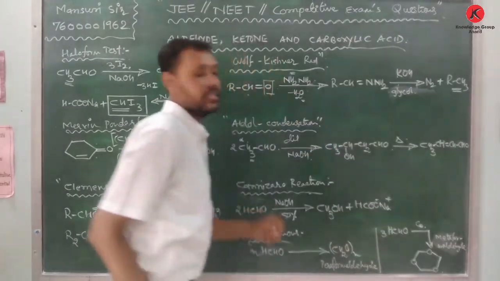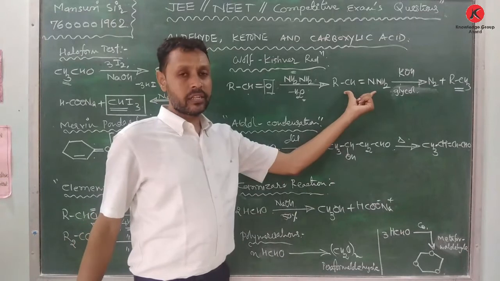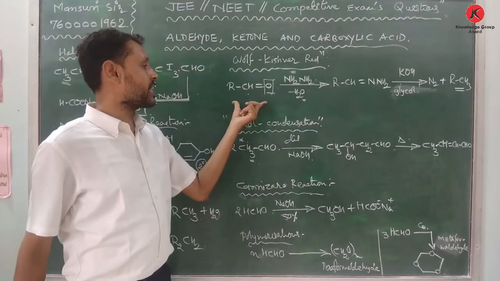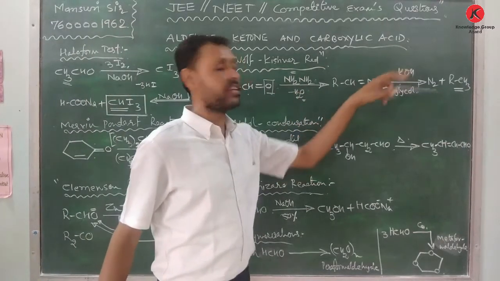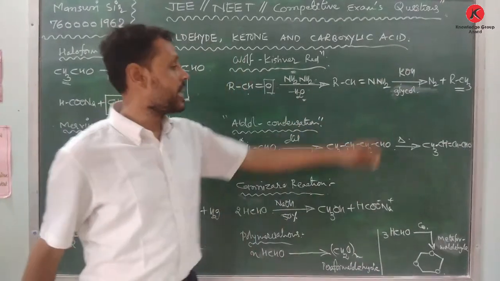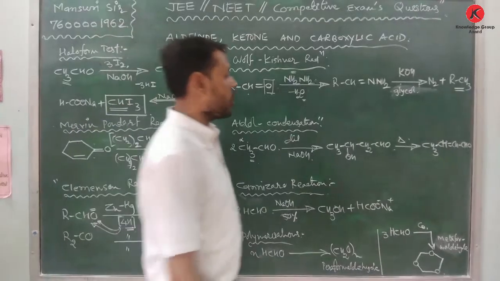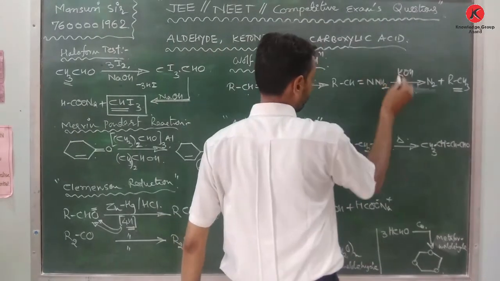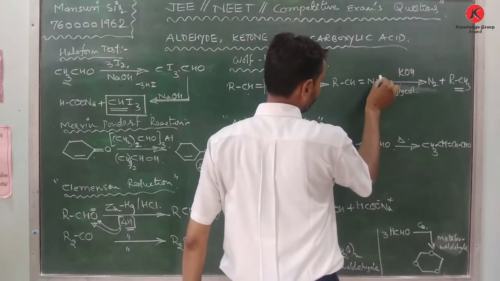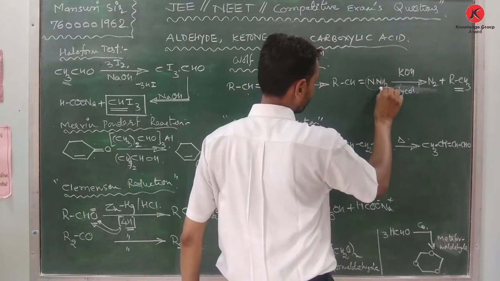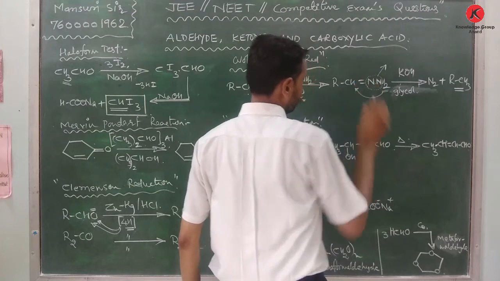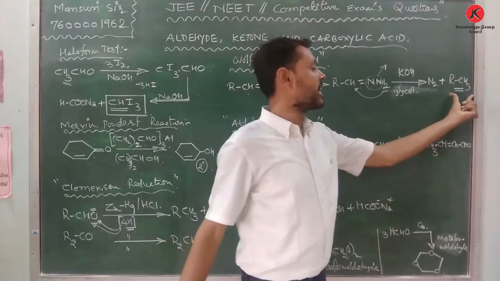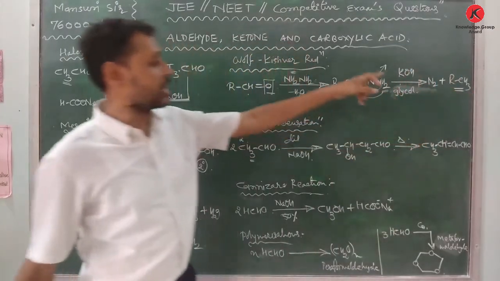So this is the condensed product. Now after reaction with KOH and glycol, this is your N2. N2 will be removed and hydrogen will be here. So RCH3 is formed. Now this is alkane.